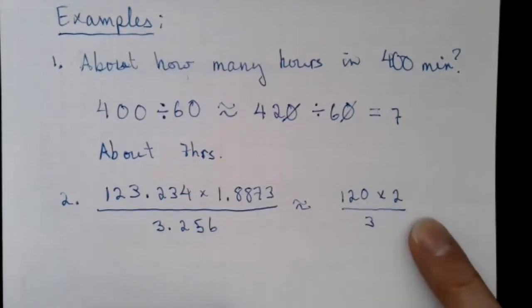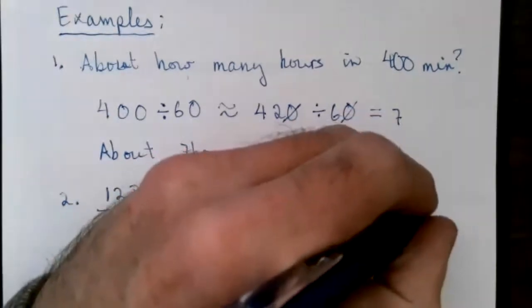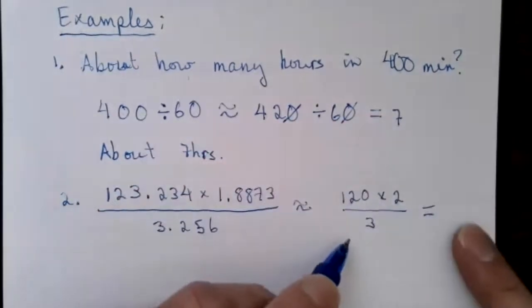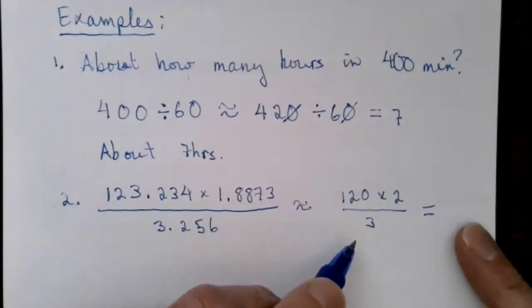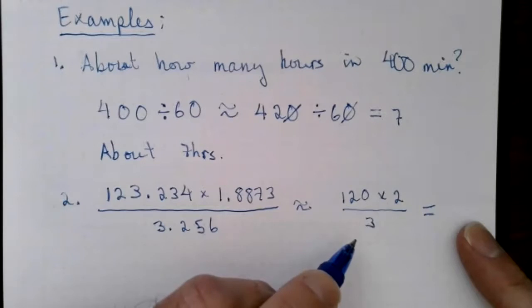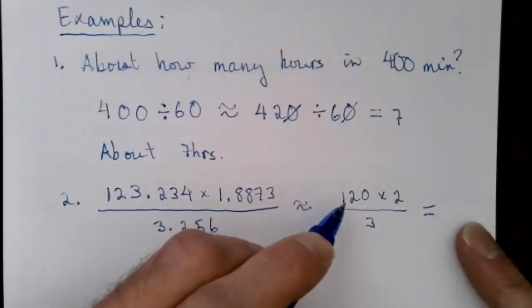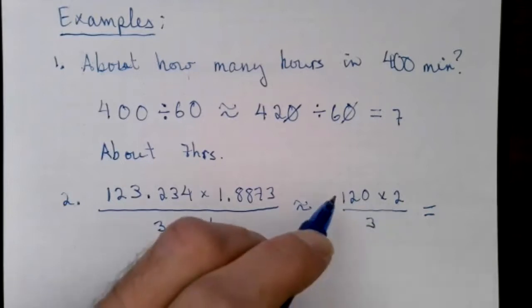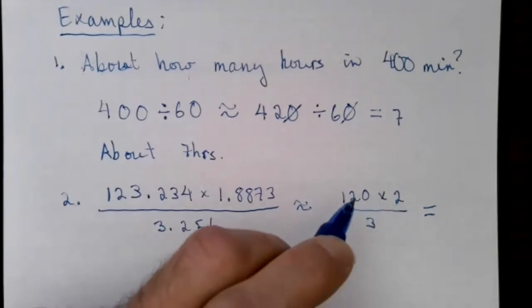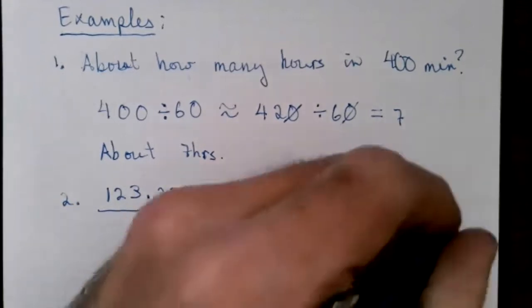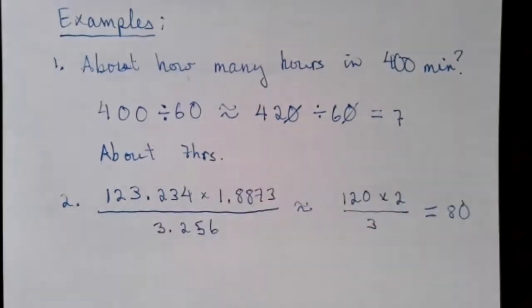So what would I get from this? Eight. Right, so I really just need to do, you could do the multiplication first. You got 240 up top. And then I really don't need to know 240 divided by 3. I just need to know 24 divided by 3. The answer is 80 there.